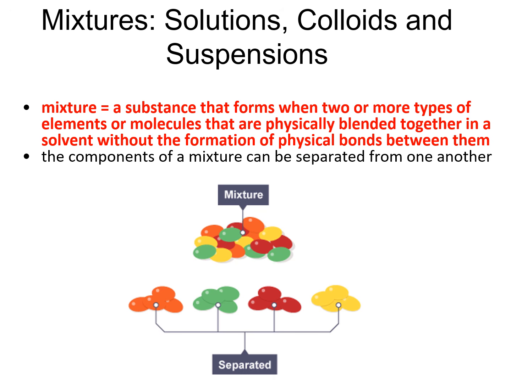There are no physical bonds forming between the jelly beans, mainly because jelly beans can't form bonds. But the fact that there's nothing physically joining these jelly beans to one another means I can separate them out into their individual colored groups. That's a mixture: a substance that forms when you blend two or more things together without forming physical bonds between them.